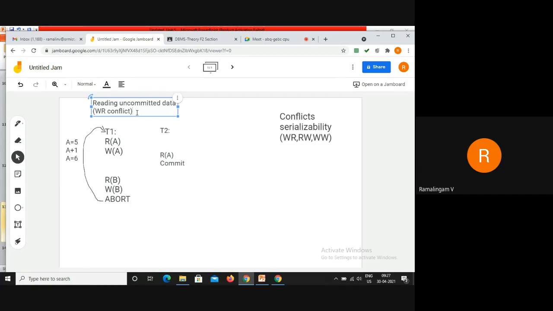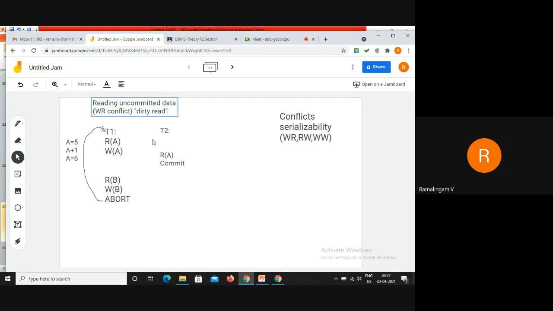It is also called dirty read. So in your examination, there may be a chance of being asked what is meant by dirty read. At that time you will be able to answer this question. What is meant by dirty read?